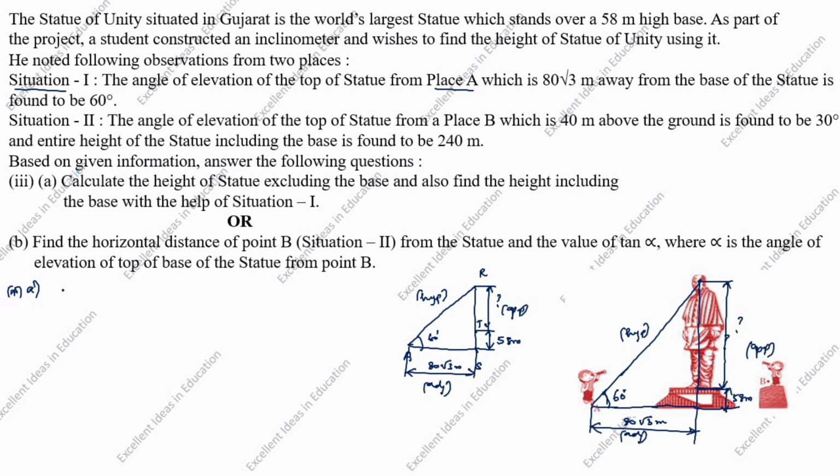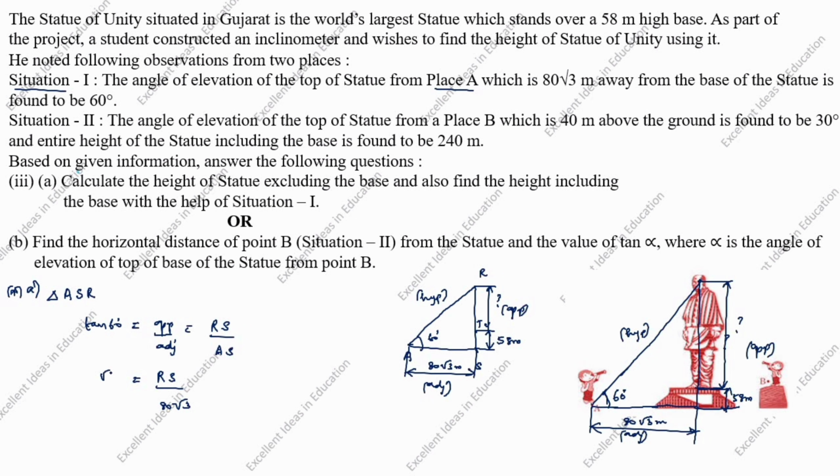Consider the right angle triangle ASR. Tan 60 degrees equals opposite by adjacent. Opposite is RS divided by adjacent is AS, so RS, which we need to find, divided by AS value, which is 80 root 3.